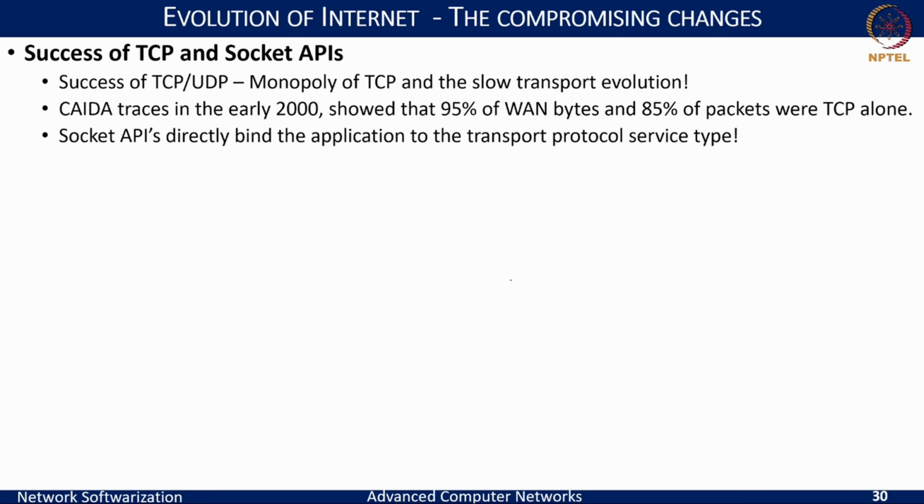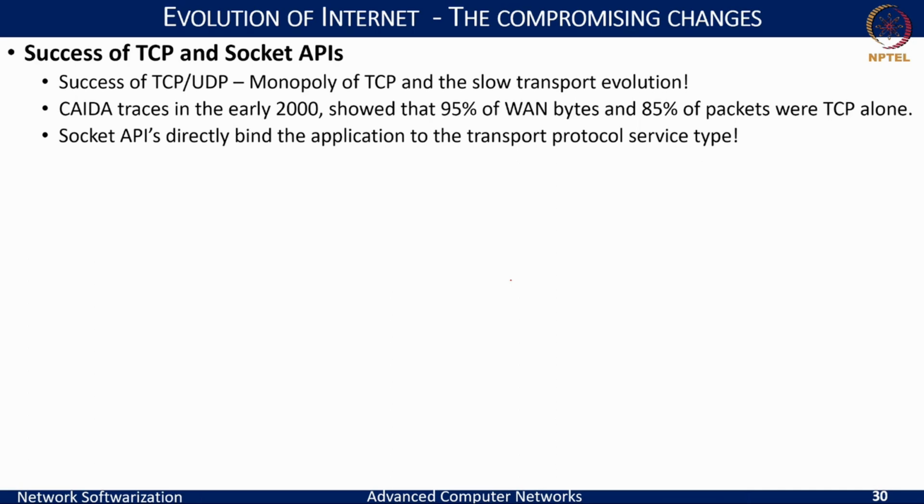And there was a study done in the early 90s, the KHARA traces, that showed that around 95% of the WAN bytes, or around 85% of the packets, were just TCP alone. In the sense that the various other protocols that corresponded to the transport layer were more or less getting neglected, or were not able to keep up with the traffic that we see because of the services hardening around the TCP/IP stack.